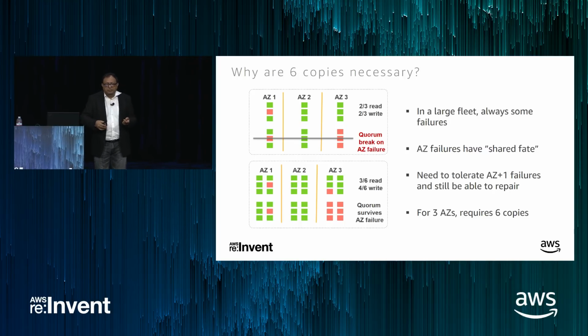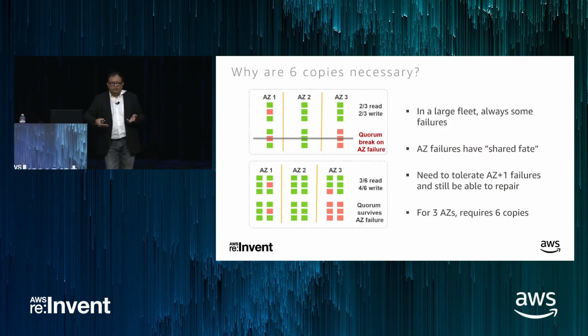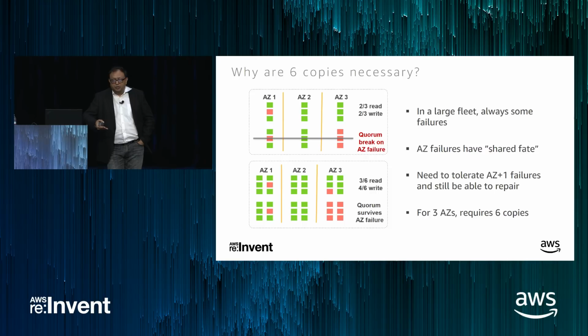So we believe in Aurora that you need to tolerate AZ plus 1. So you can have 1 failure in the system at any given time, and if you lose an AZ, you will end up basically being able to tolerate it from a read perspective. So in Aurora, we have 4 out of 6 quorum for writes, 3 out of 6 for reads. The quorum will survive an AZ failure.